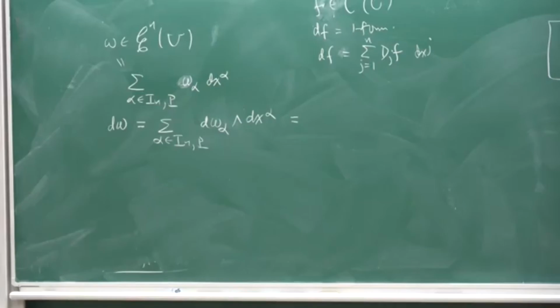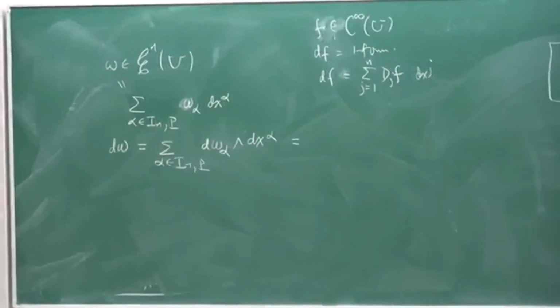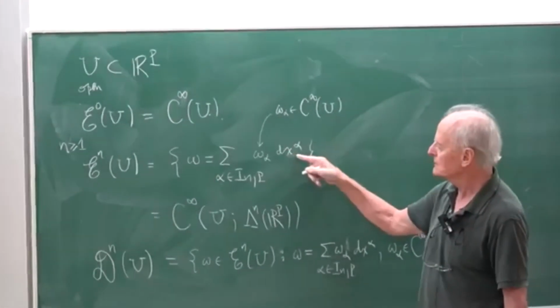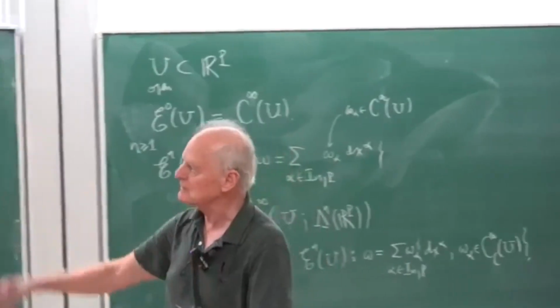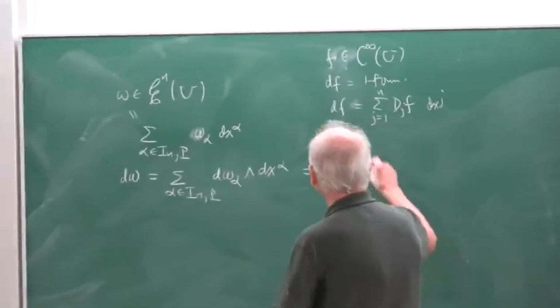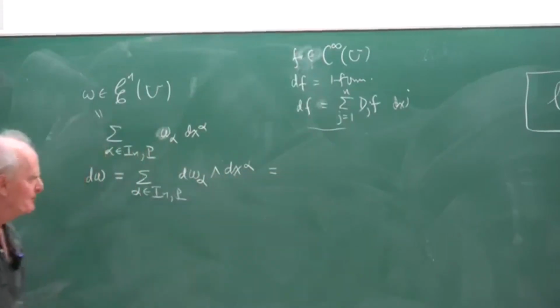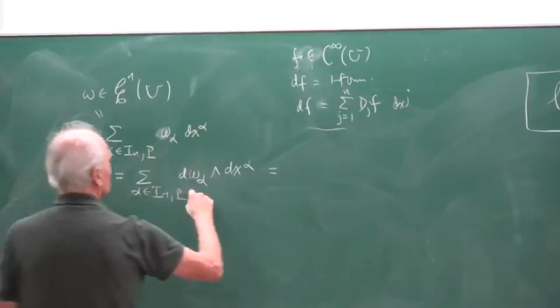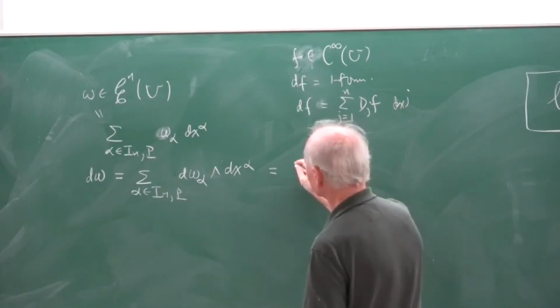It fits into our description because it's got a dx_j. When n is equal to 1, it's one of these guys, and it's got coefficient d_j f, which is a C infinity function. So it's one of these things. It's a one form. So the differential of a real valued function is indeed a one form. So let's just write this out, though, in terms of this chain rule.